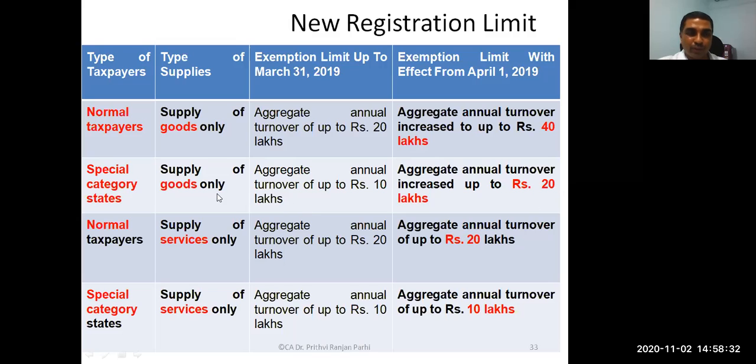For the normal taxpayer for supply of services, the aggregate annual turnover is 20 lakh. And for special category states for supply of services, the aggregate annual turnover is 10 lakh. Now you can see there are 3 figures, 10, 20 and 40. And in different situations, different threshold limits will be relevant for us. Okay. Did you understand?